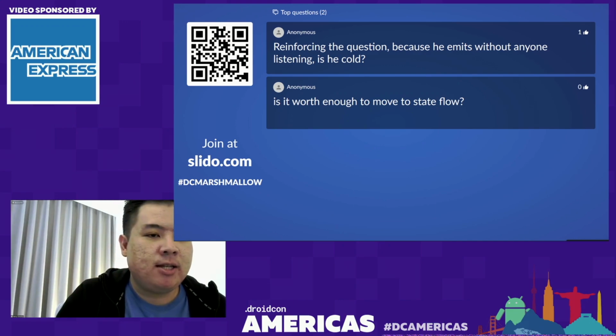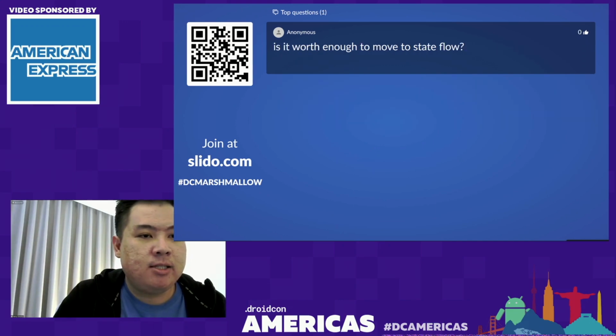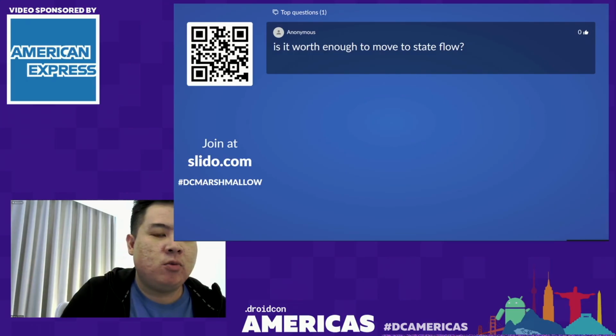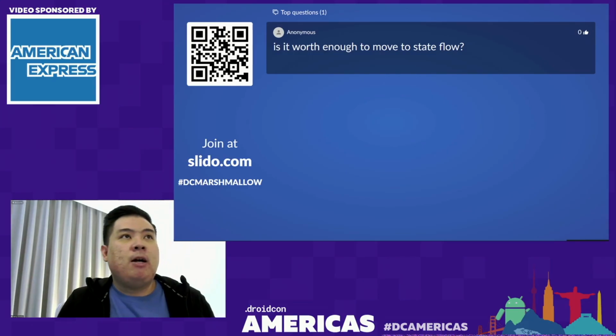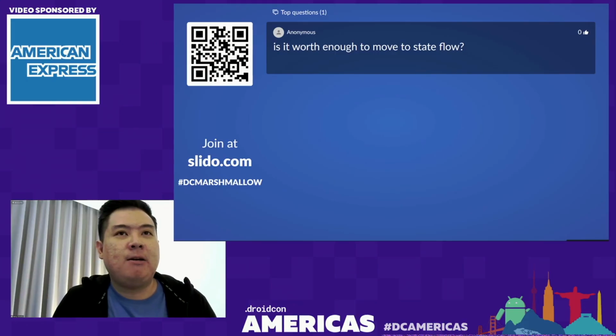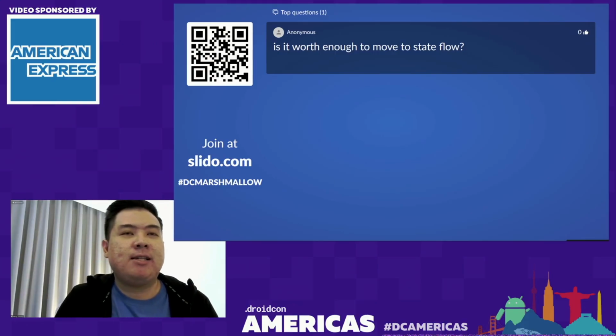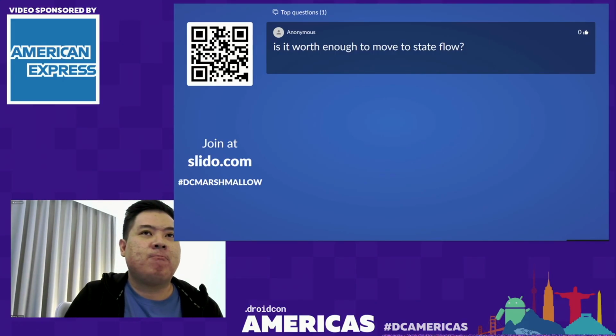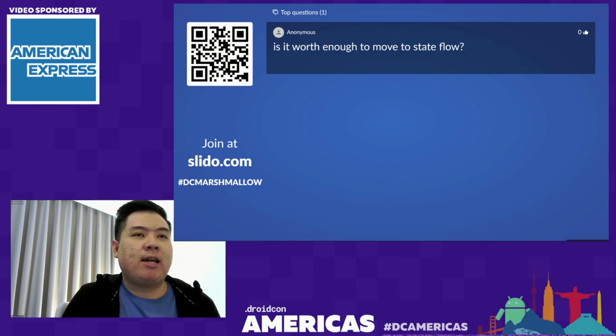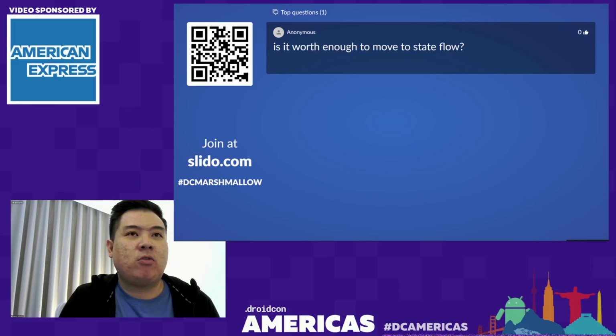And the next is, is it worth it to move to StateFlow? Okay, again, this depends on the case. Let's say we have been using something like MVVM, and everything is already working, and we're working on a big project, and everything is already stable.